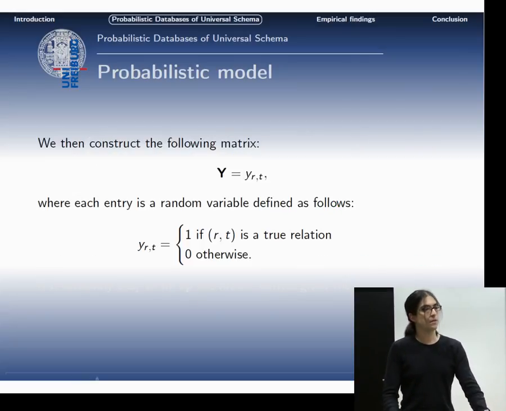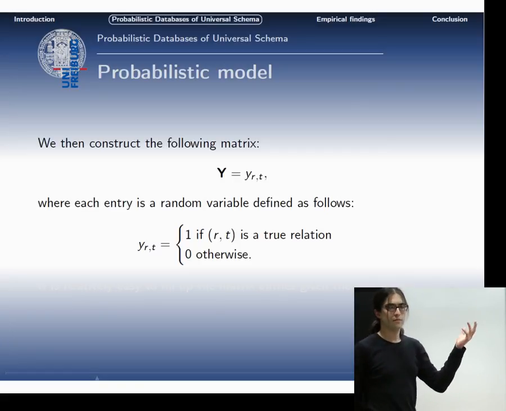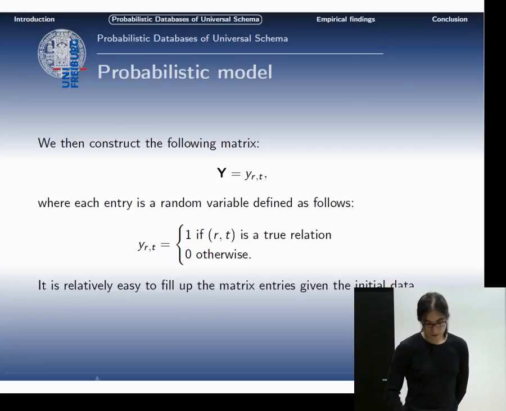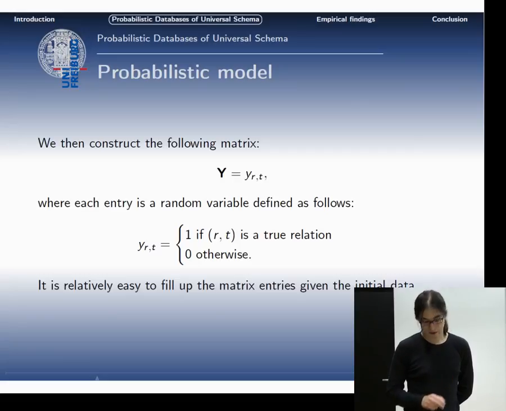Now we can construct the matrix we have seen in the previous image very simply. It is basically filled with zeros and ones for all the possible combinations of relations and entity tuples. It is easy because we simply go through all the data we have accumulated and assign a 0 or a 1, whichever may be the case for each combination.